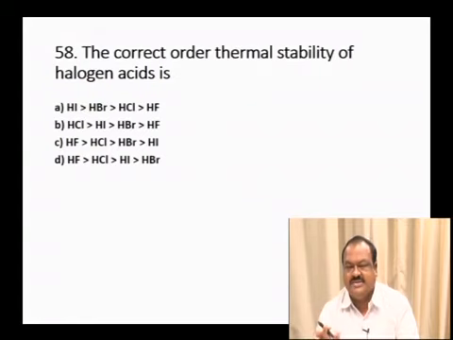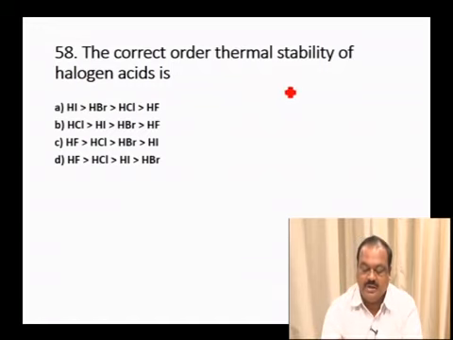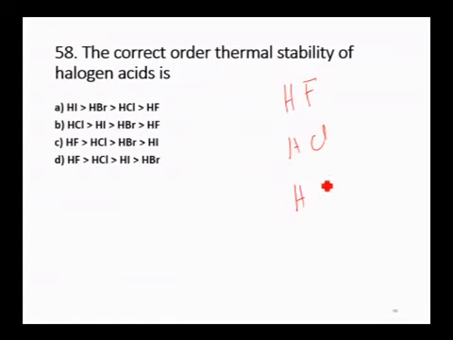Among the halogen acids HF, HCl, HBr, HI, the strongest bond is formed in HF. The reason is fluorine is highly electronegative, and electronegativity decreases down the group. So the bond between hydrogen and fluorine is much stronger than in HCl, HBr, HI.